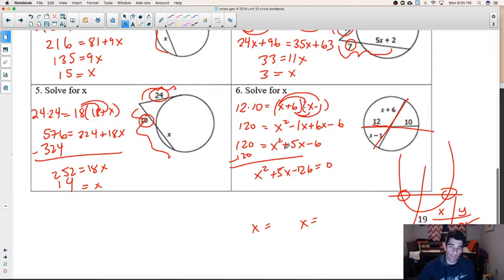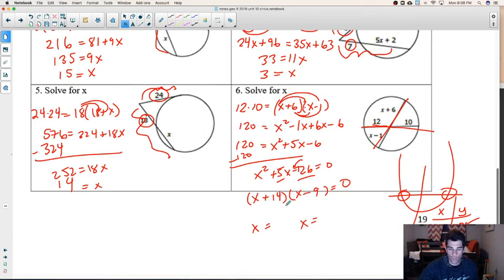If you don't have that, then you need to figure out what are 2 numbers that multiply to equal 126 and that will subtract to equal 5. That's what you're going to do if you're doing it by hand. And that's going to be 14 times 9, and they have to be a positive 5, so it's positive 14 minus 9.